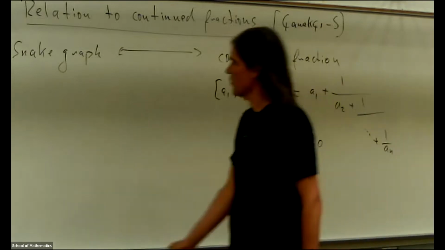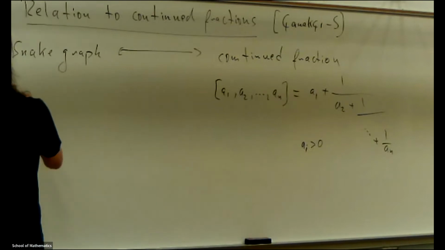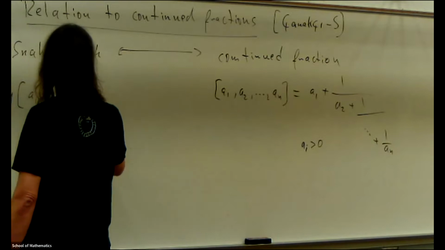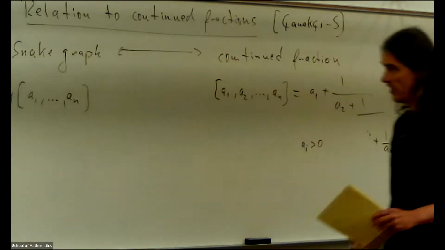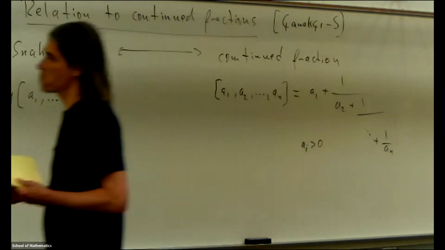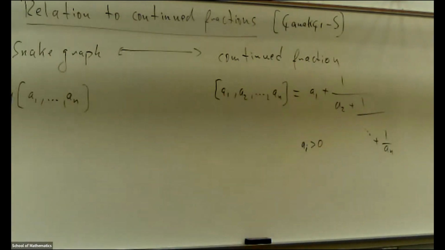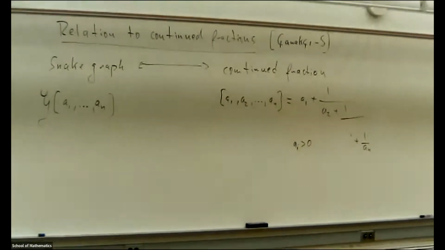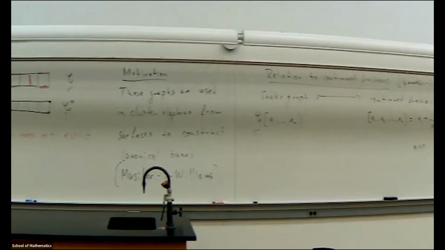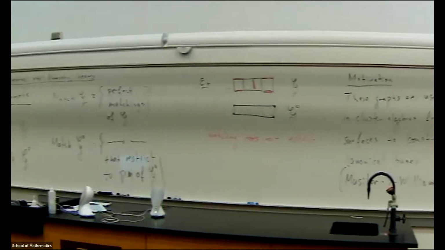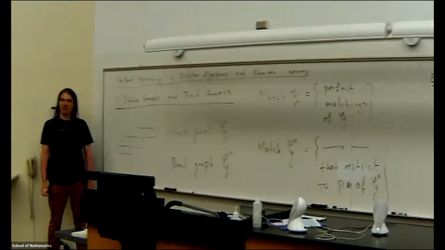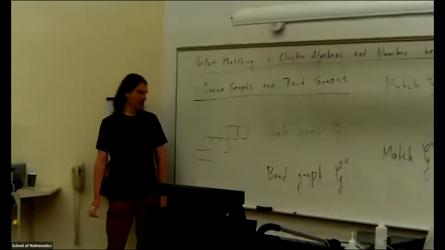And you can associate a snake graph to it, which I then denote like this. How does this go? In this graph, there are interior edges, and I will also add one edge from the beginning and one edge at the very end. So I have two more edges than all the interior edges.